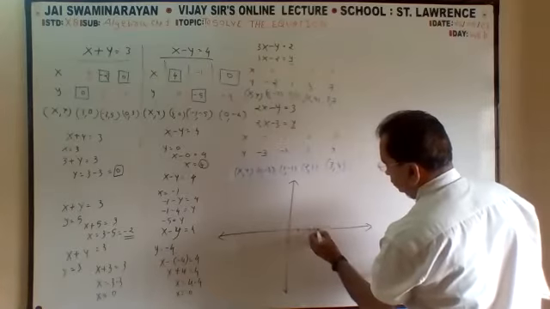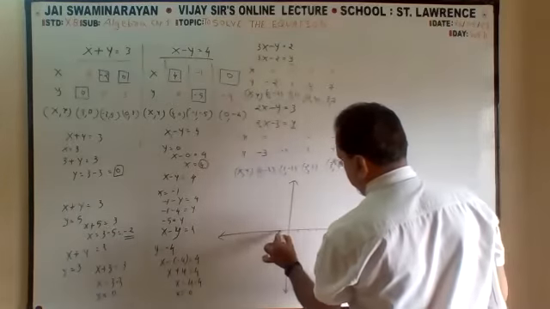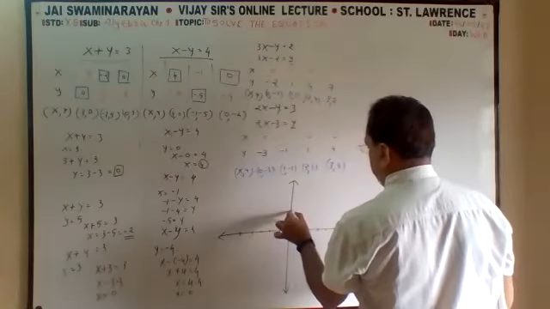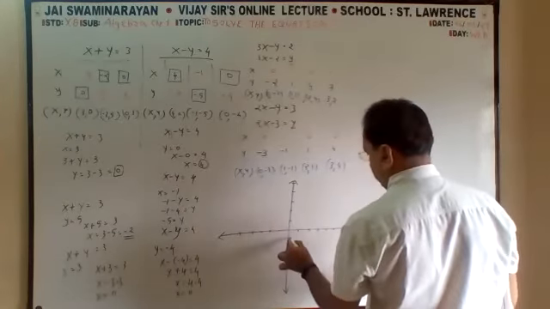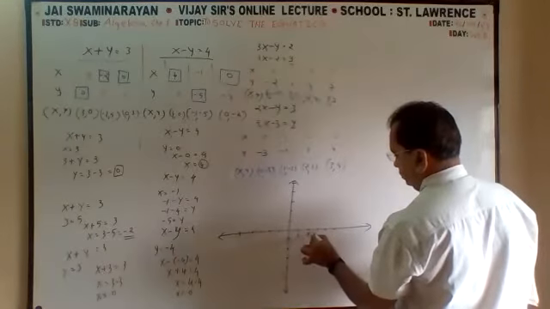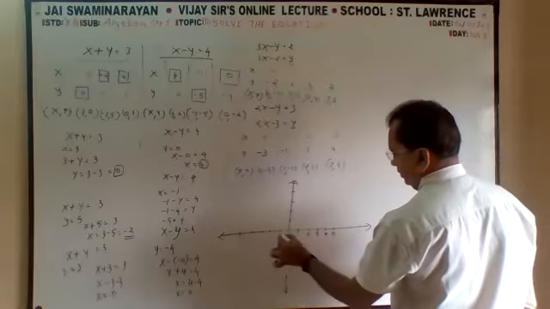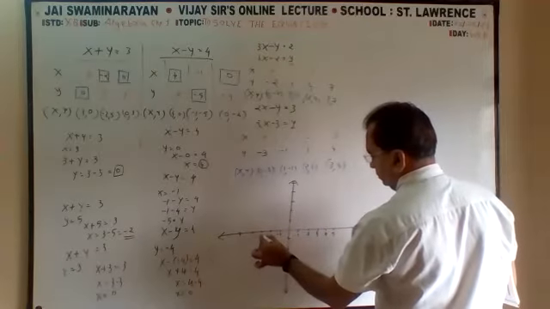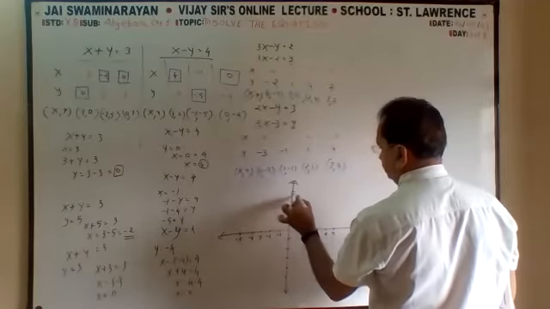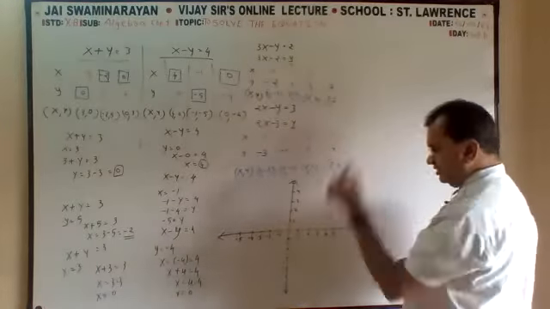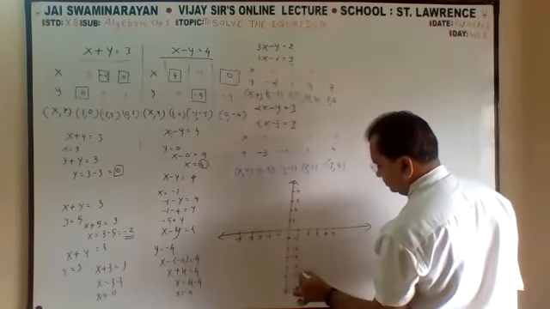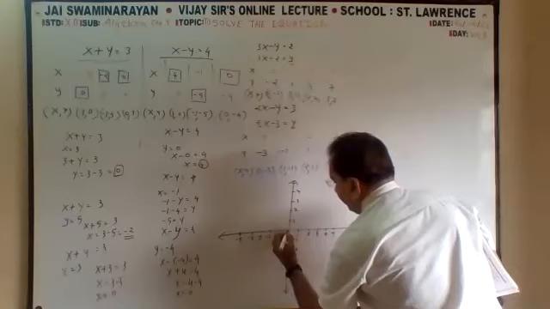So 1, 2, 3, 4, 5 on each axis. Upside is plus, positive; downside is minus, negative. You should know how to take a point on a graph.